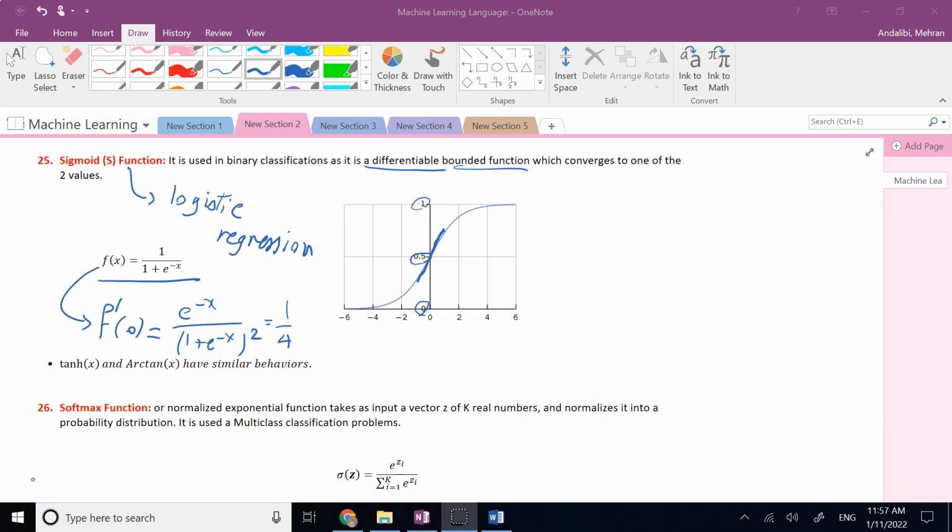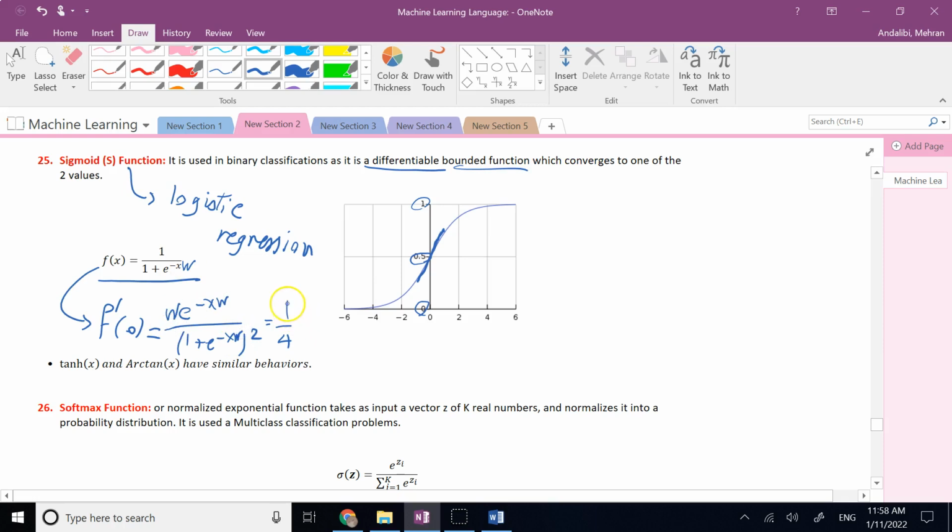So that's the slope, although here in this picture it looks a lot more than 1/4, but that's the slope at 0. Now, can I change that slope? Yes. Many times you can add a gain or a weight like w and say e to the negative x times w. Then this w comes into play outside.